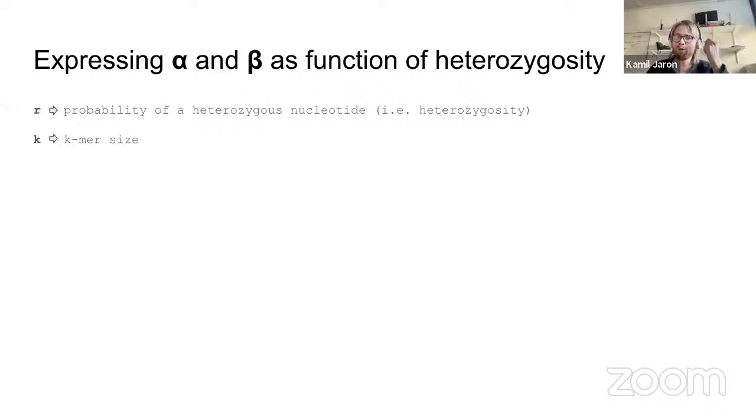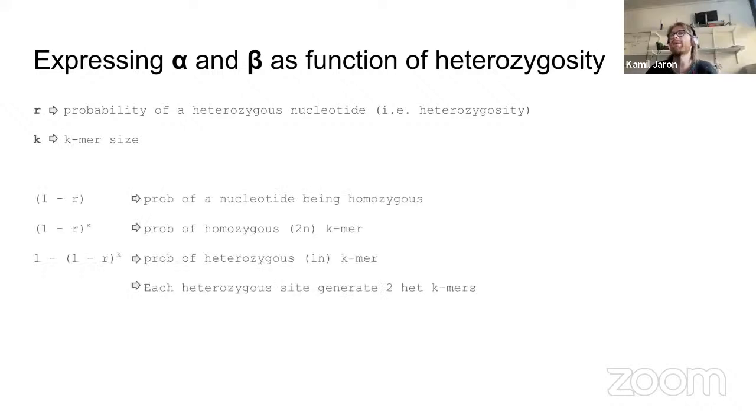Imagine two variables: the probability of a heterozygous nucleotide, r, and the k-mer size, k. And that's a fixed parameter, right? So that's not really a variable, that's a parameter. So if we do 1 minus r, it will give you the probability of a nucleotide being homozygous. If you do 1 minus r powered by k, it gives you the probability of a homozygous k-mer.